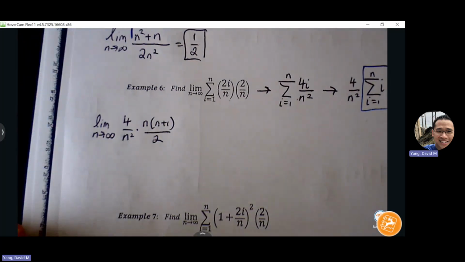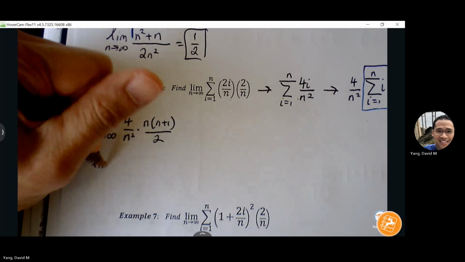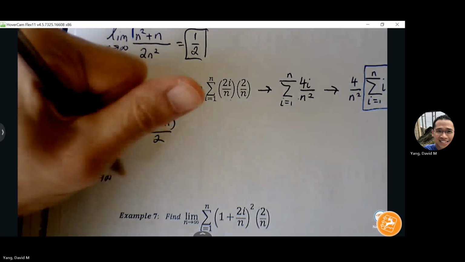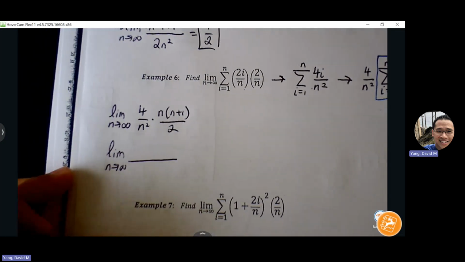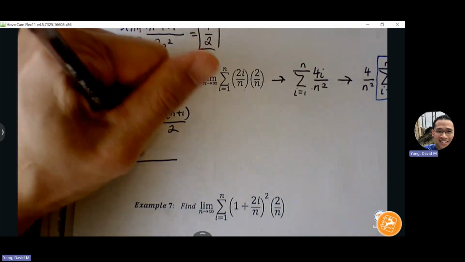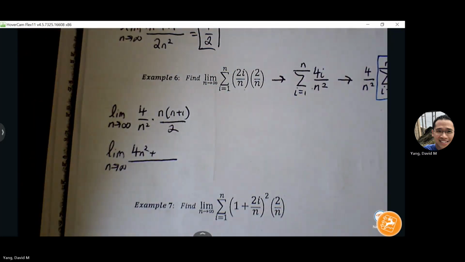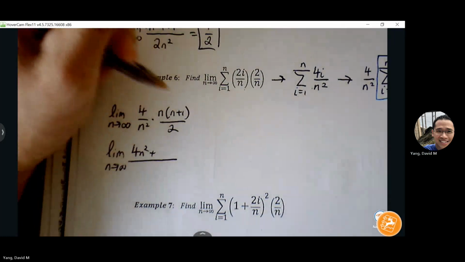Okay, so just like before, let's clean everything up, get it all into one fraction so we can clearly see the relationship between my numerator and denominator. Okay, if I distribute the 4n through, what do I get? 4n squared plus what? 4n, yeah.